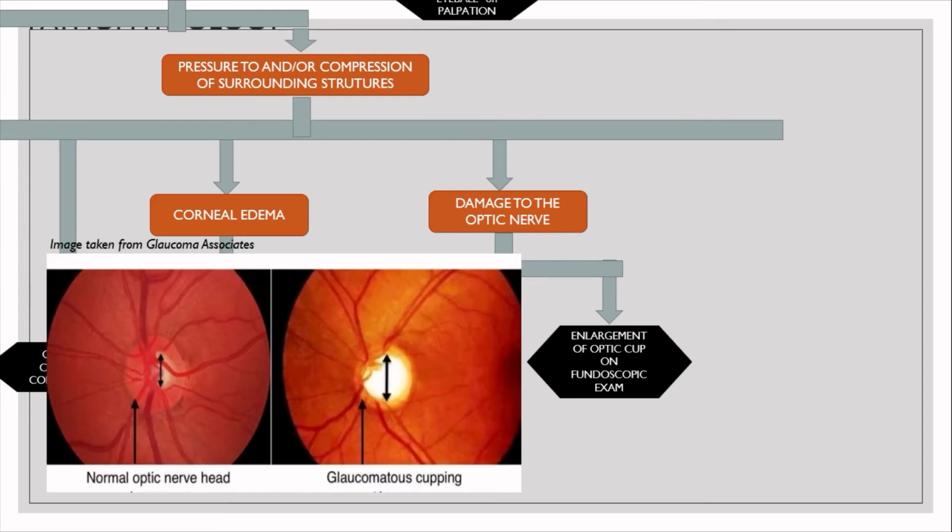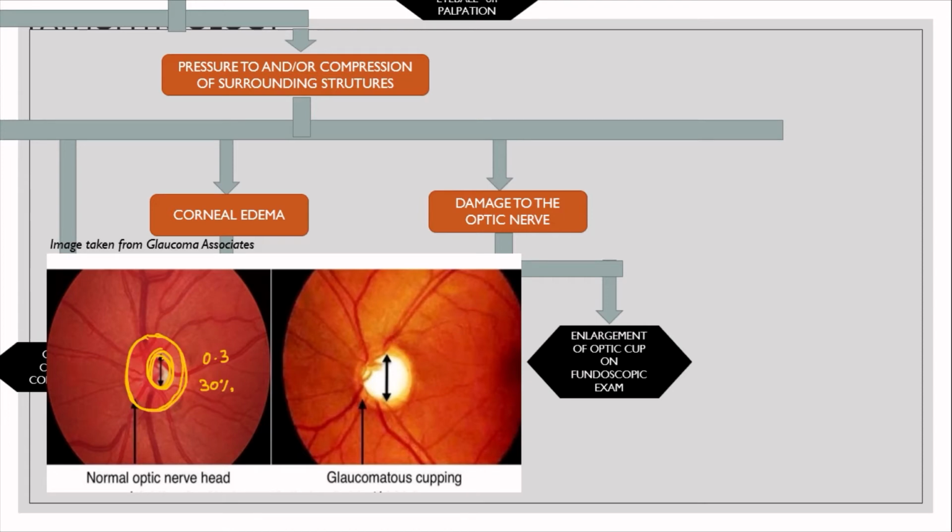Here to the left is a normal optic disc, and this is the optic cup. Our normal cup to disc ratio is 0.3, which basically means that this optic cup is about 30% of the area of our optic disc.